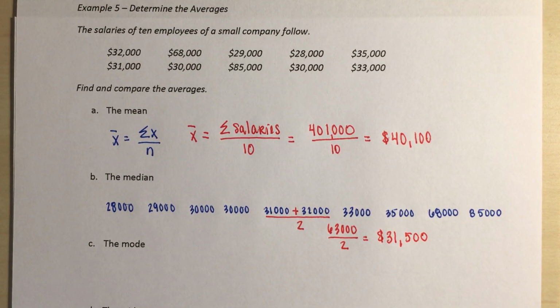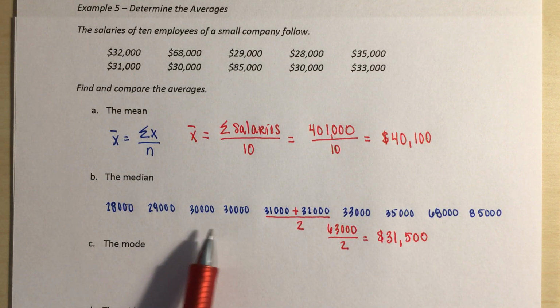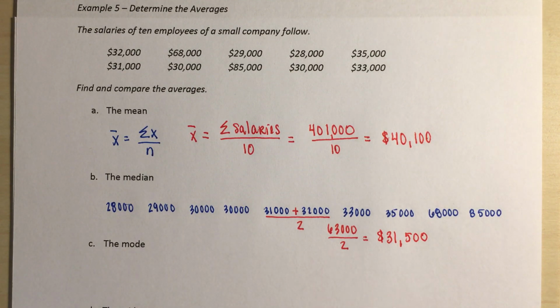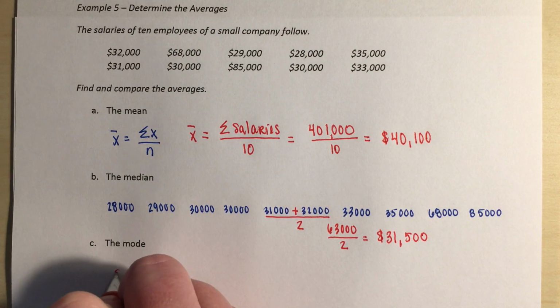So we ranked our data, and then since we had an even number of data values, we took the average of the 2 middle ones. We added them and divided by 2. Right. Our mode is the one that shows up most frequent. And sometimes it's easier if we already have things in a list for the median, we can see if data values are repeated, and we only have 30,000 that's repeated twice, so that is going to be our mode.